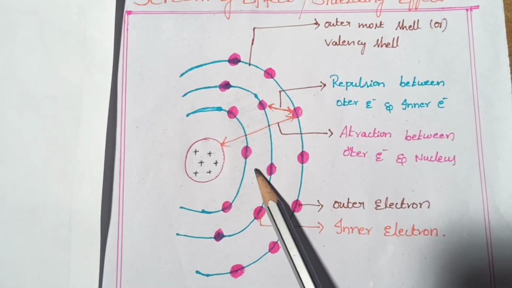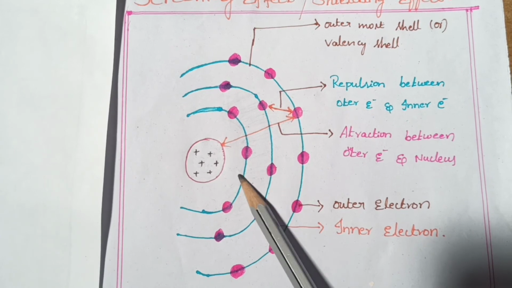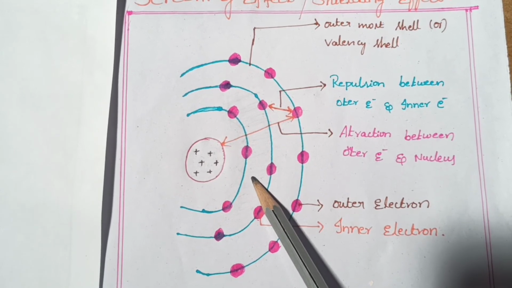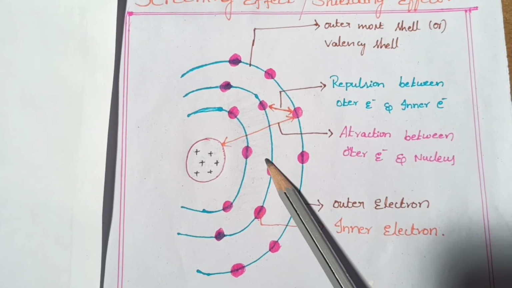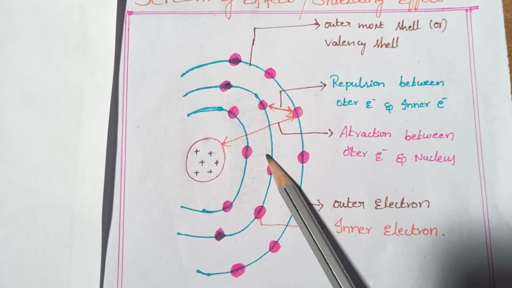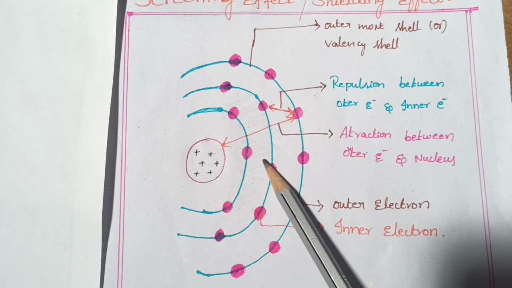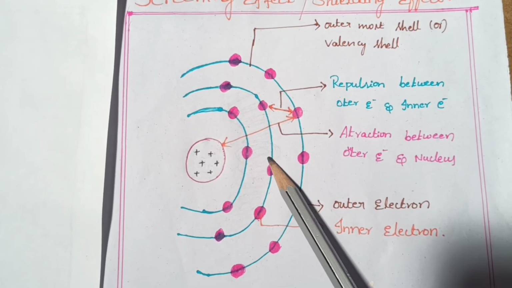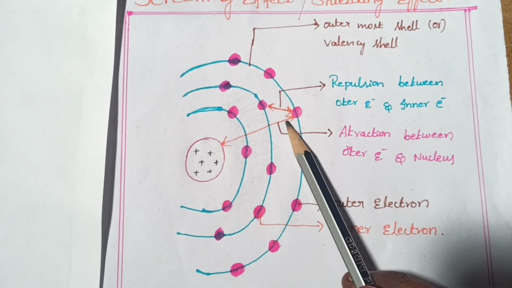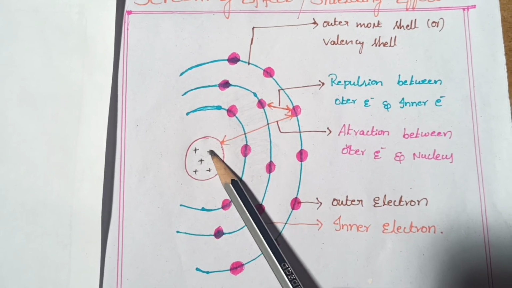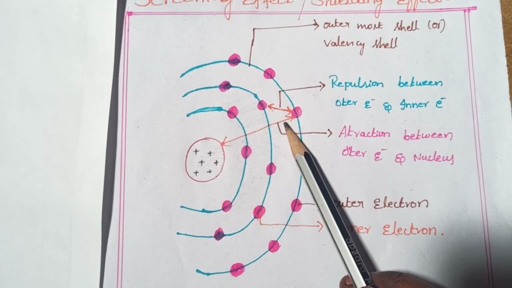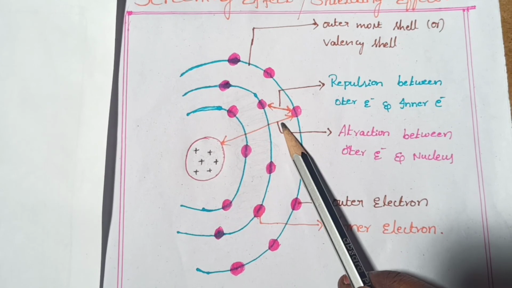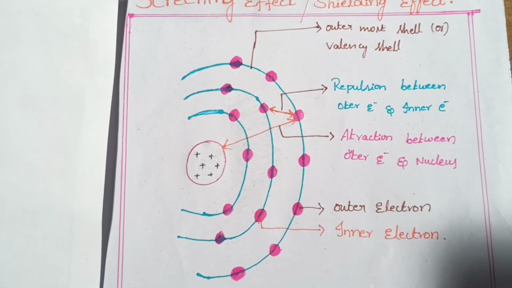So the more the number of electrons in the inner shell, the more screening effect will be present, right? Then what will happen? Lesser attraction of the nucleus on the outermost orbit. This is the screening effect.